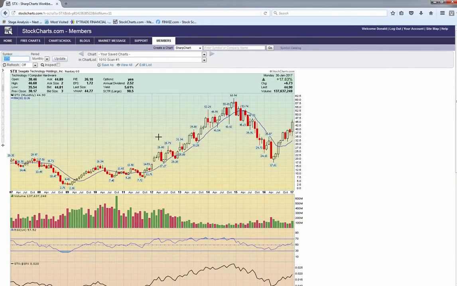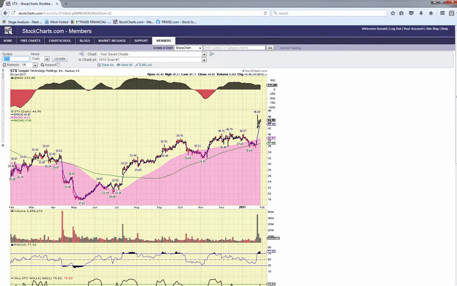And just a glance at the monthly, you have a continuously improving pattern as the RSI continues to climb, and you continue to climb here on the monthly. So just improving technicals all the way around, and STX looks great here in all three time frames, but especially the daily and the weekly.